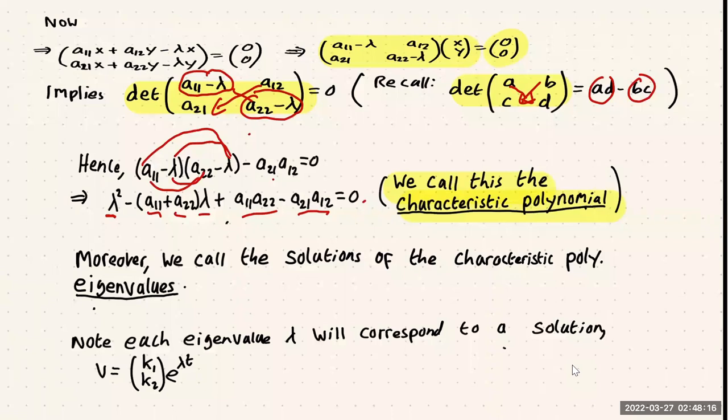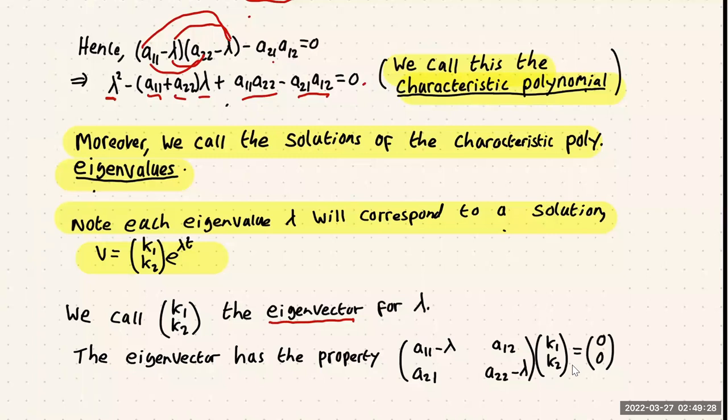We call the solutions of the characteristic polynomial the eigenvalues. For each eigenvalue there will correspond a solution of our system, and the solution will be of this form: the vector k1, k2 times e to the lambda t.